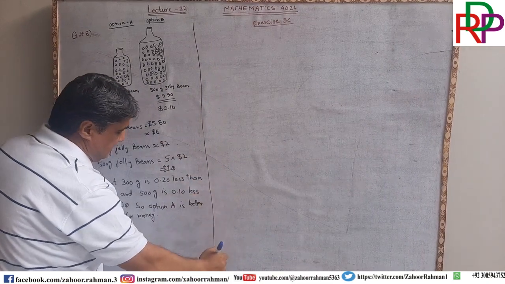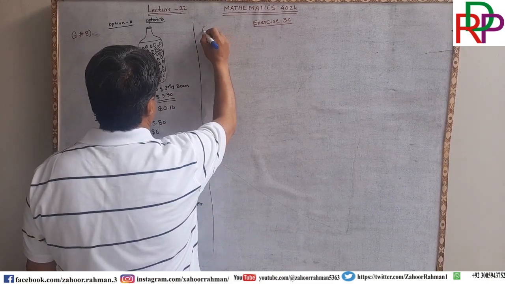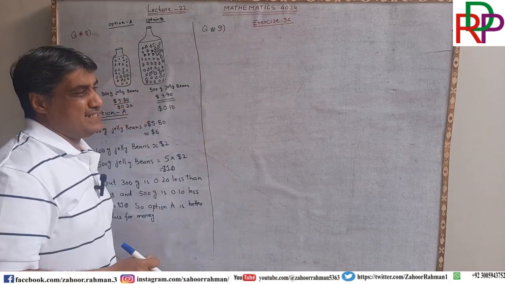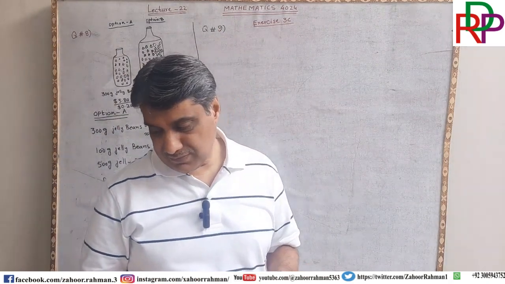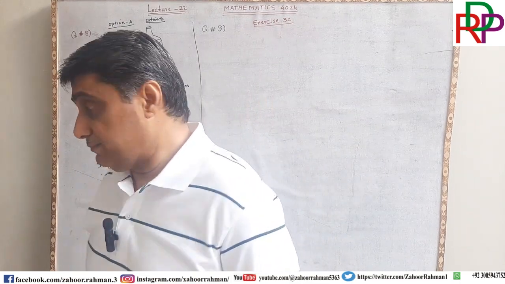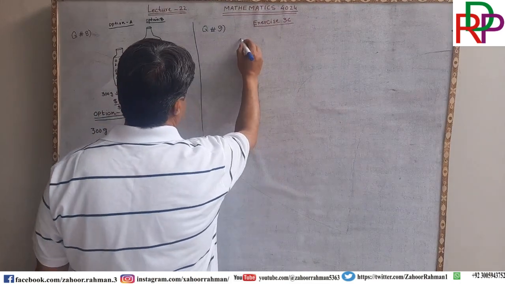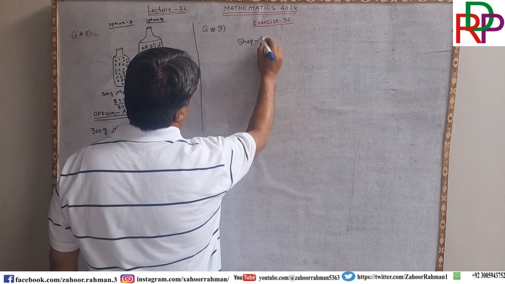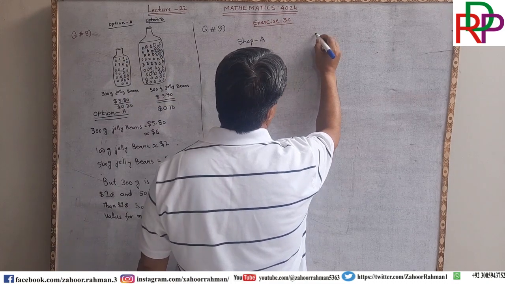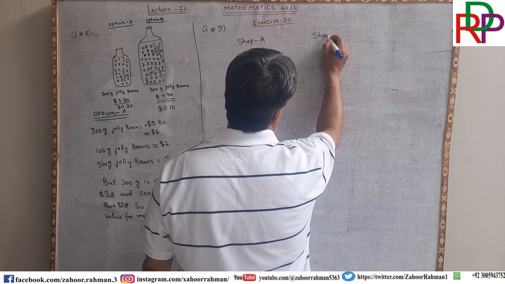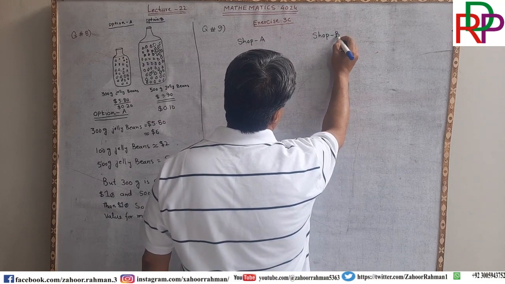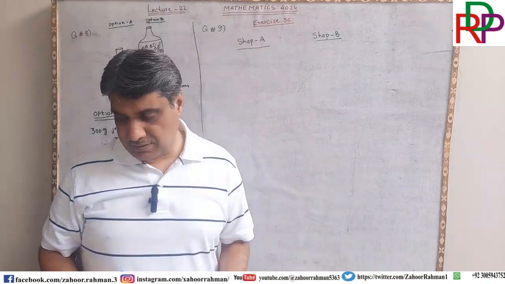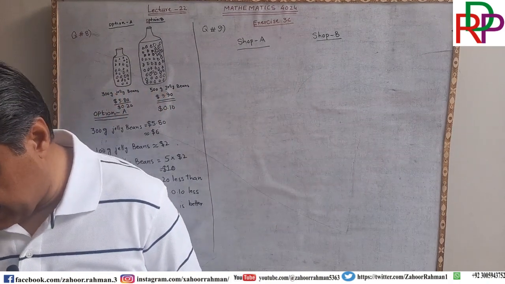Now next question is question number 9. Question number 9 is saying that shop A. Let us write the data for both the shops. Shop A and there is shop B. So shop A, you are taking a dress.